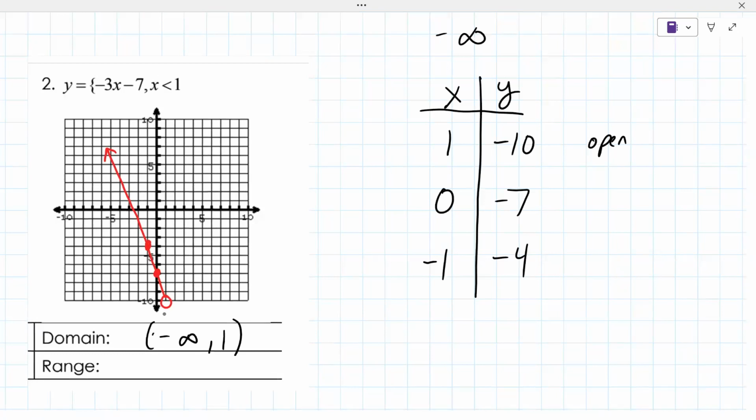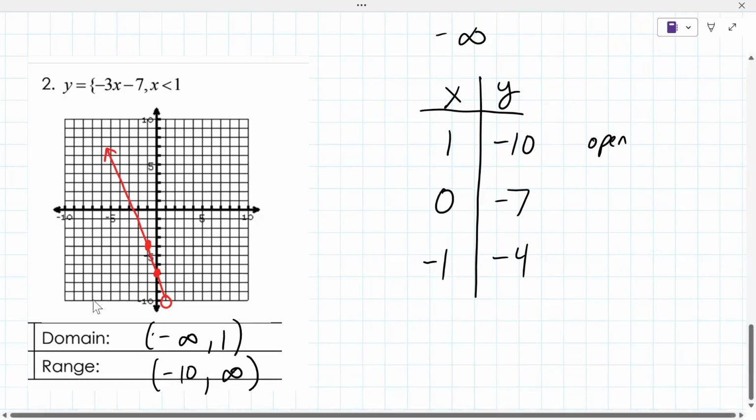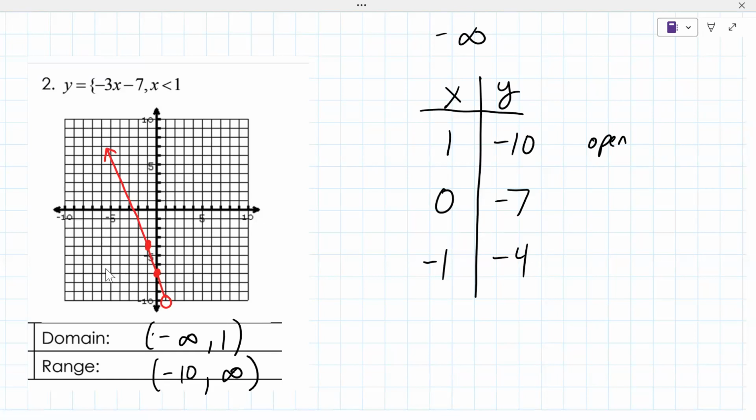And then the range, parentheses negative 10, comma positive infinity parentheses. Right, good. All right, good job.